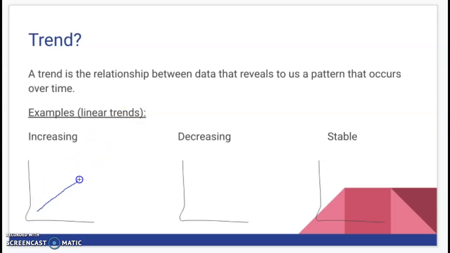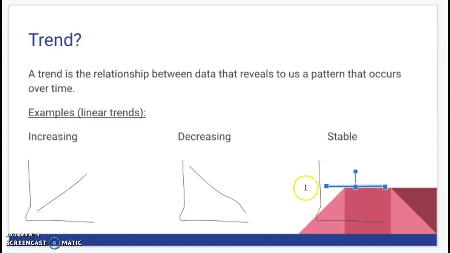And those trends can be increasing. So they are going upwards. They can be decreasing, so going down due to the data. Or they can even be stable or constant.